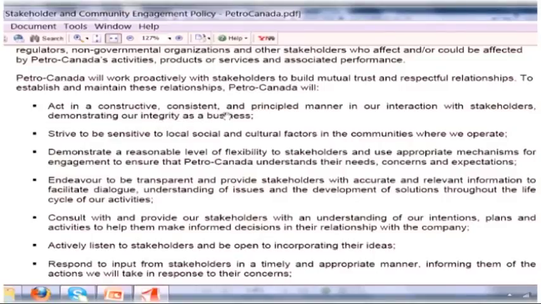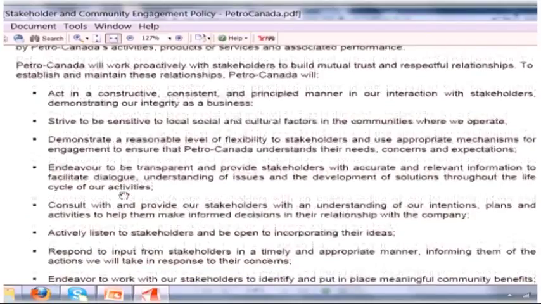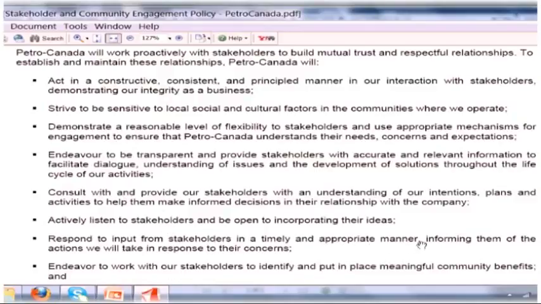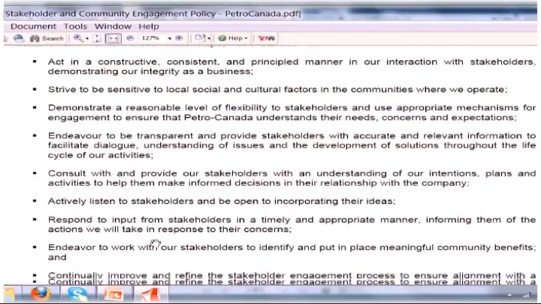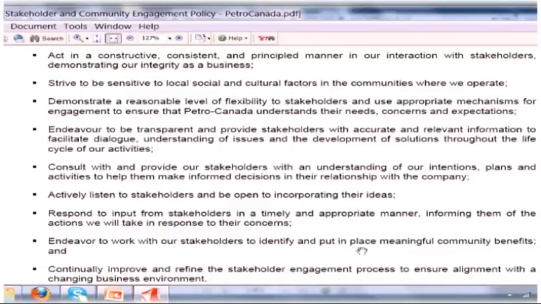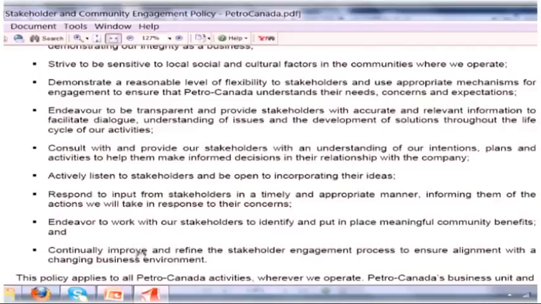There is talk about consistency, principles, sensitivity to local conditions, flexibility, understanding needs, concerns, expectations, transparency, accuracy and relevancy of information, dialogue, consultation, listening, which is a very important form of communication, responding to stakeholders, informing them of actions, working with stakeholders to identify and put in place community benefits, and continuously improving and refining the engagement process, making it better and better and better.